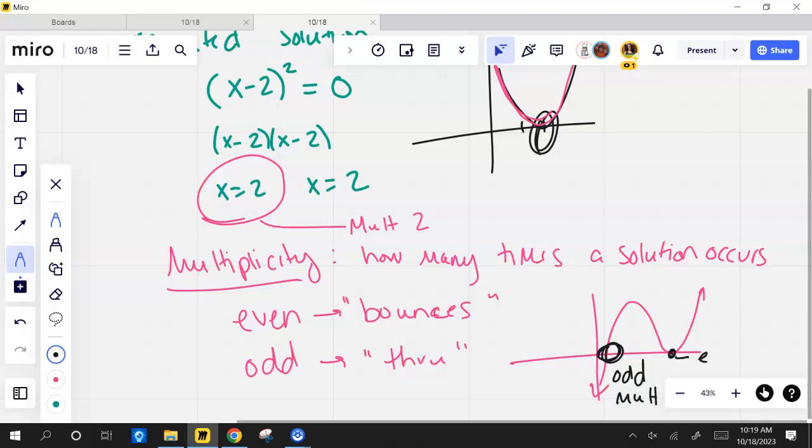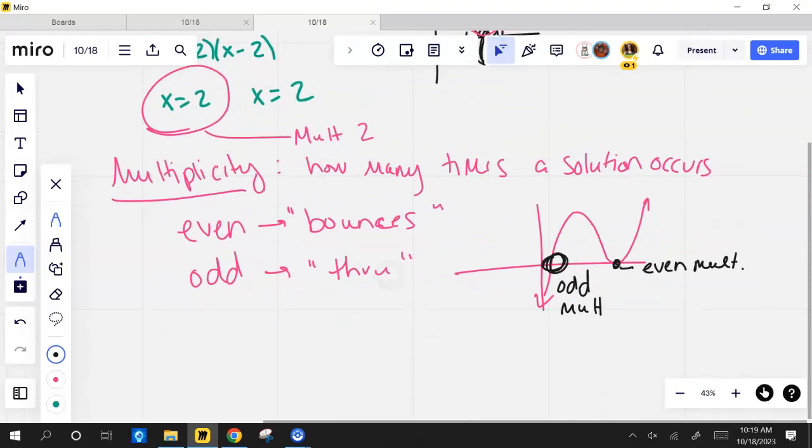But this one would have even multiplicity. Does that make sense? As we go through these polynomials, we'll keep bringing that terminology back in so you'll understand. Odd multiplicity. Even bounces on the x-axis, and odd goes through on the x-axis.